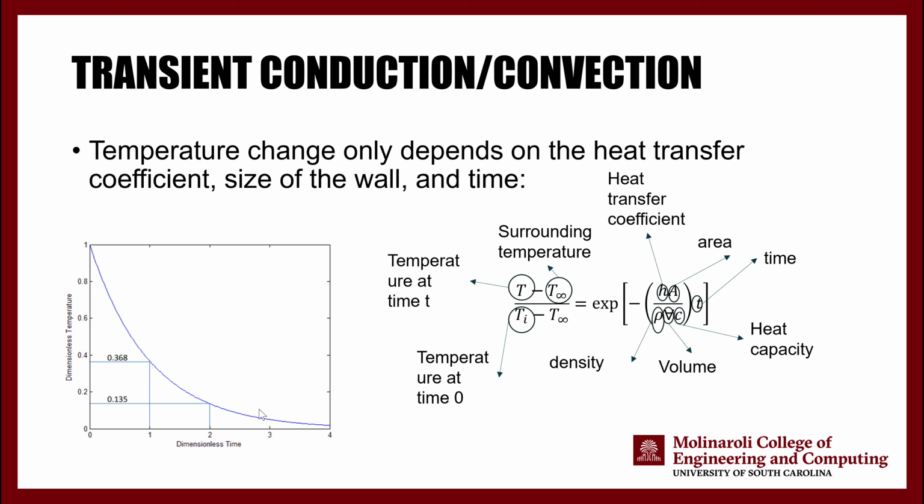So from the experiment, you are going to get this type of graph. You are going to get temperature. We have non-dimensionalized temperature and time here, which essentially means that we are replacing this whole ratio with a theta. This is the non-dimensional temperature. And then we are dividing time by this whole thing.